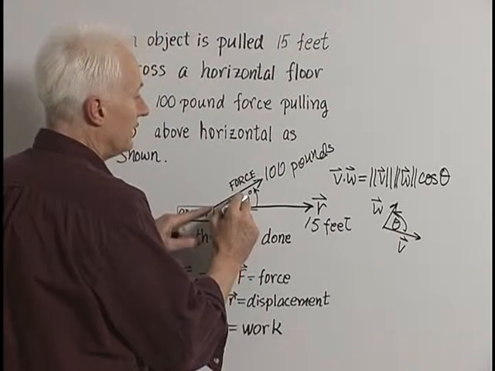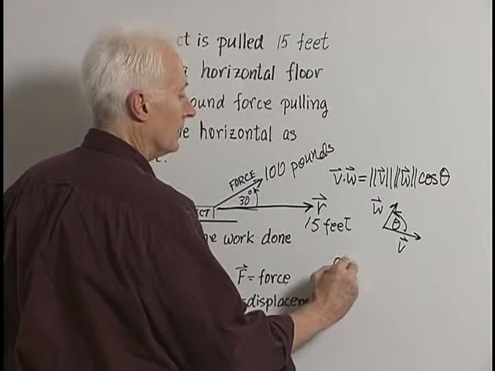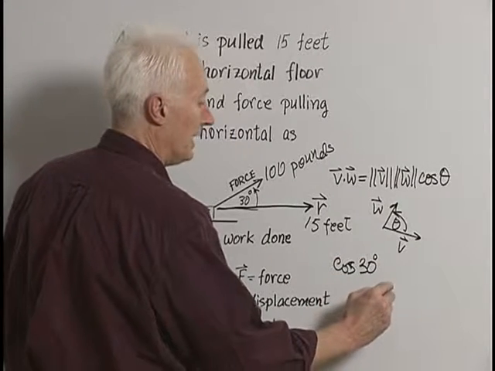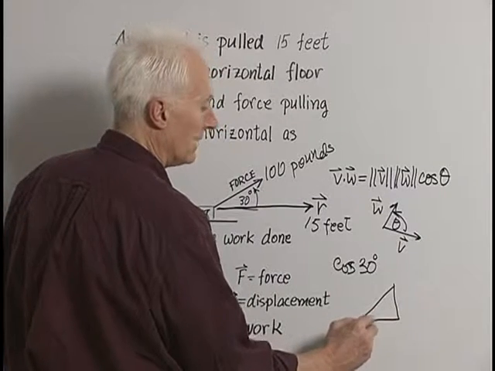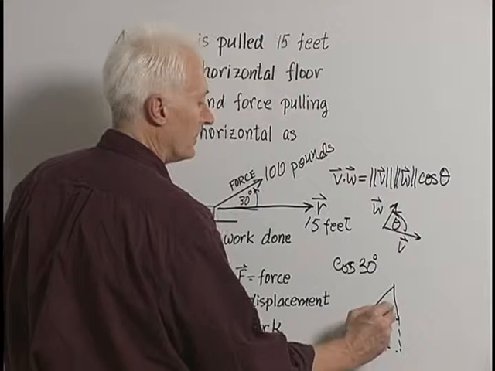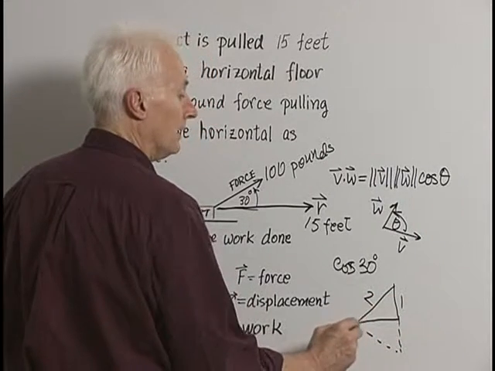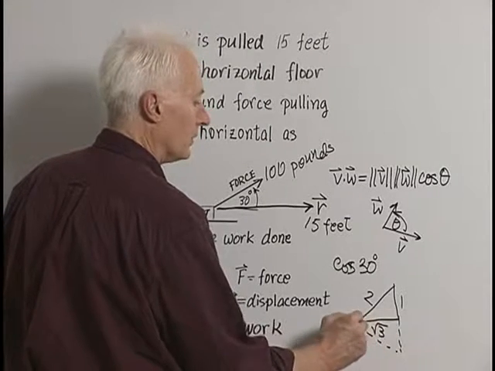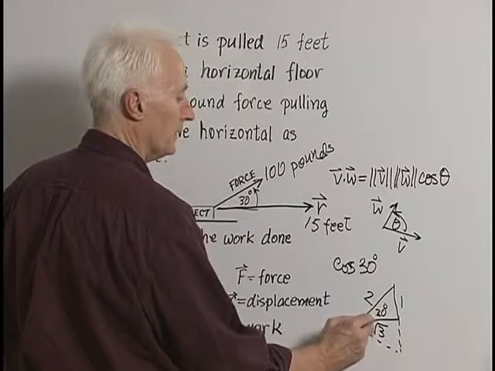So what's the angle in this case? 30 degrees. So we need to calculate the cosine of 30 degrees. Well, to do that, you might remember the 30-60 degree right triangle is half of an equilateral triangle, and so we can build it with an equilateral triangle, each side having length 2. The short side is 1, and this side is the square root of 3. Here's the 30-degree angle.